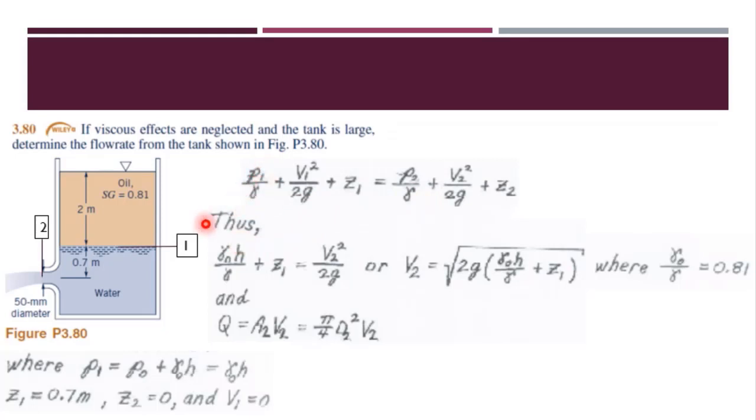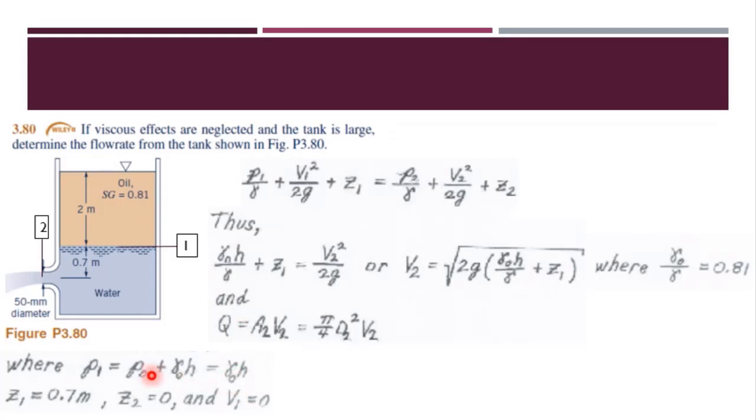P1 we can find out through fluid statics. We know that if the pressure at the surface of this oil, at the free surface, is P naught, then P1 will be P naught plus gamma of oil into H. We take P naught to be zero gauge, since this will be atmospheric pressure because this is open to atmosphere.